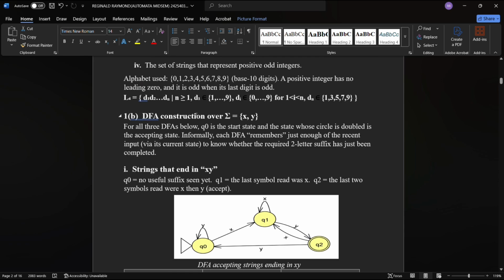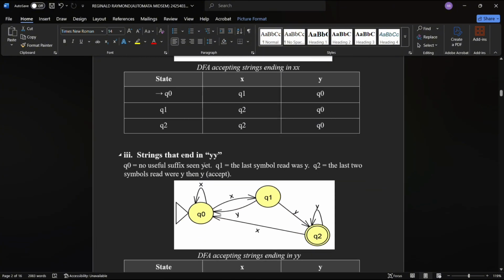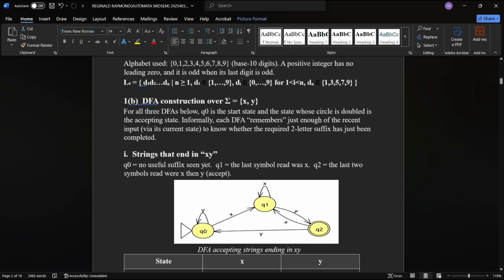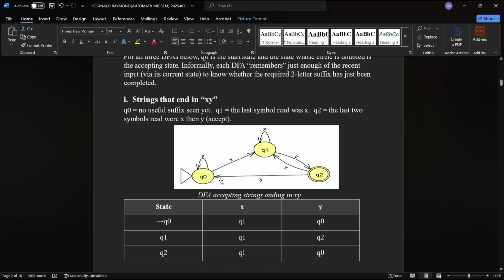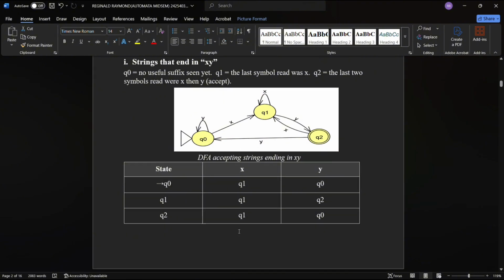So the DFAs are built over the alphabet x, y. One for x, y, one for x, x, and one for y, y. With this that I drew in JFLAP, this is a transition table for the diagram for the DFA.